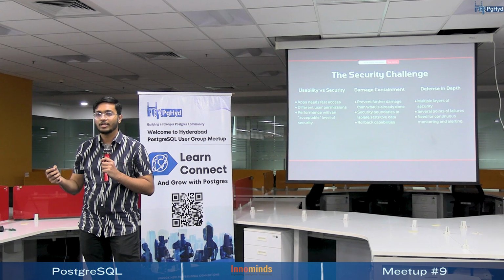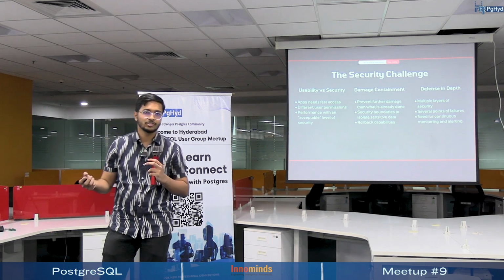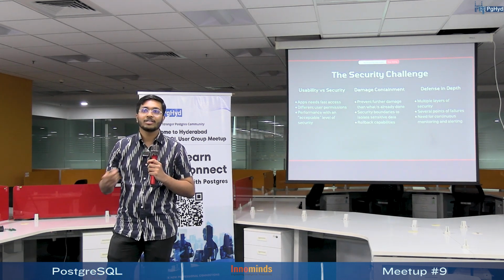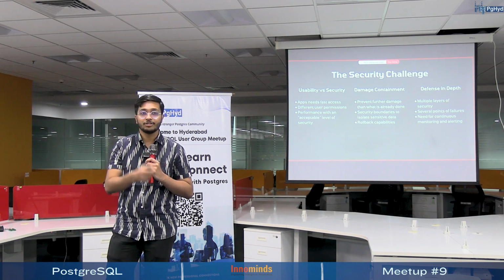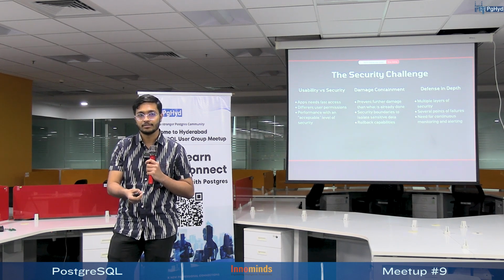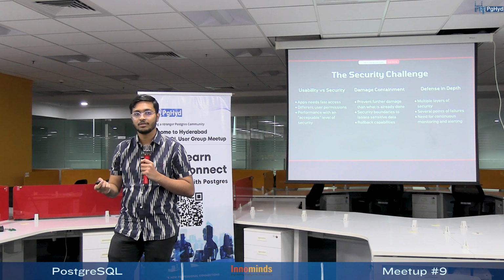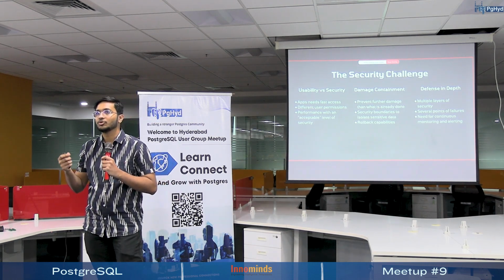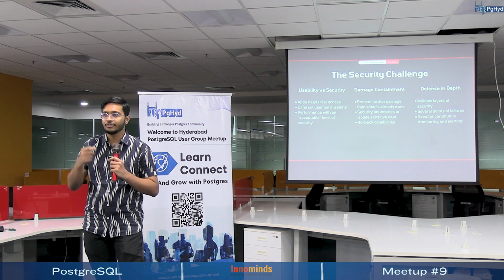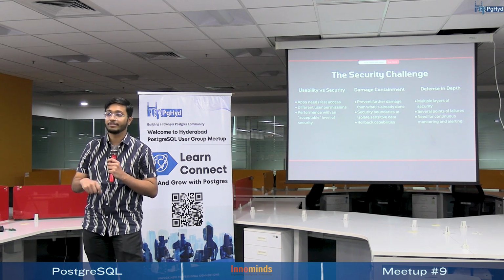So let's say your operating system has already been compromised. How can you prevent your data from being leaked, even with a compromised server? These kinds of things become very important, because you don't want just one place where, if this particular place goes down, everything else goes down.